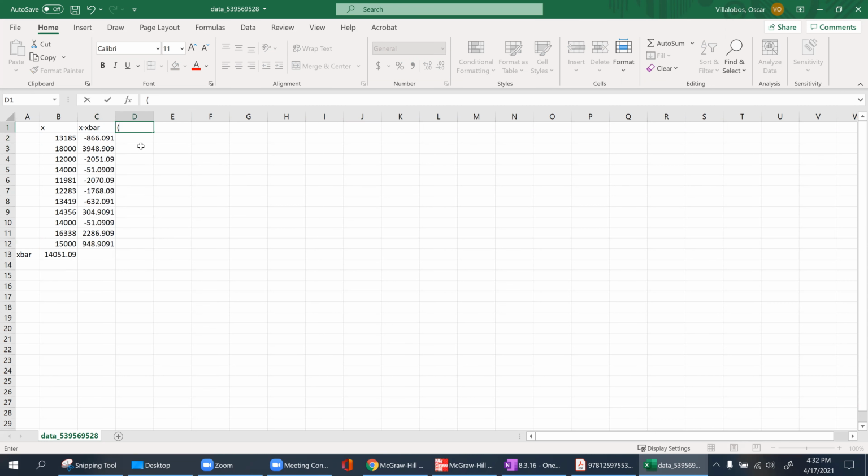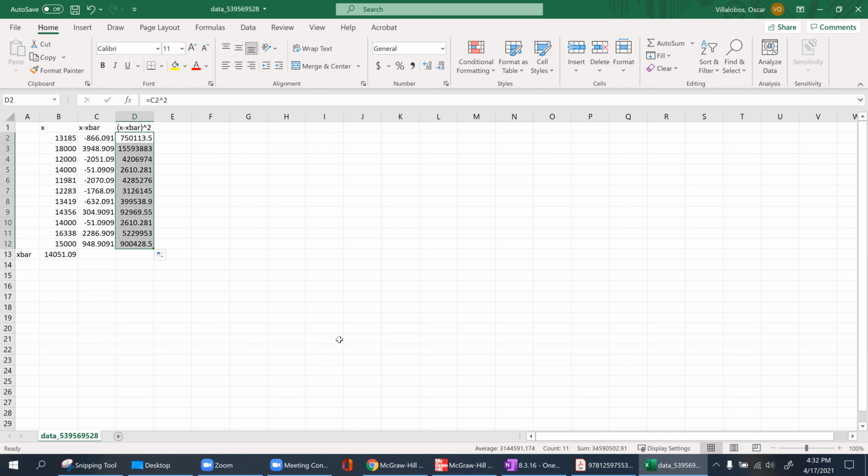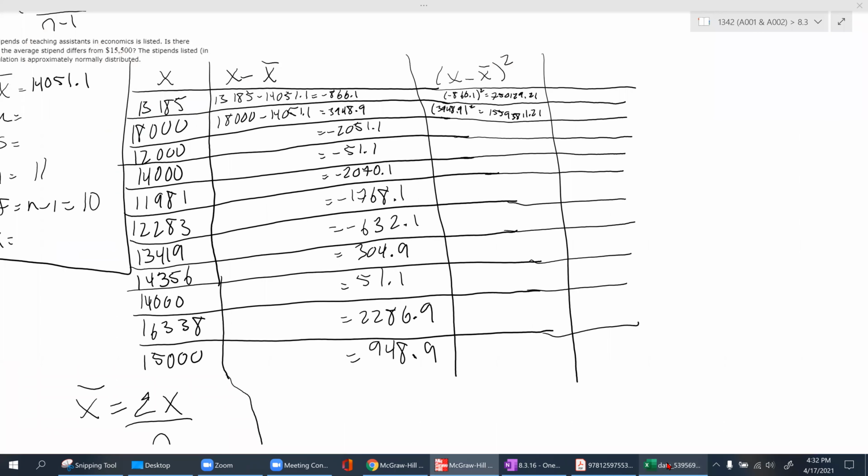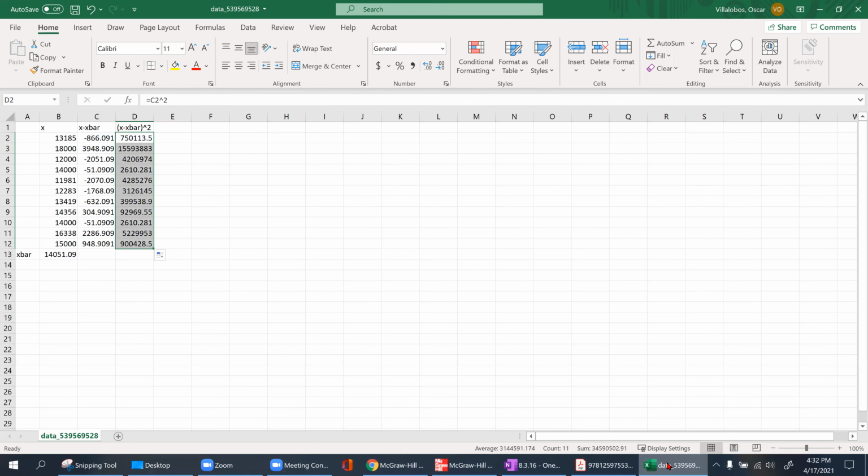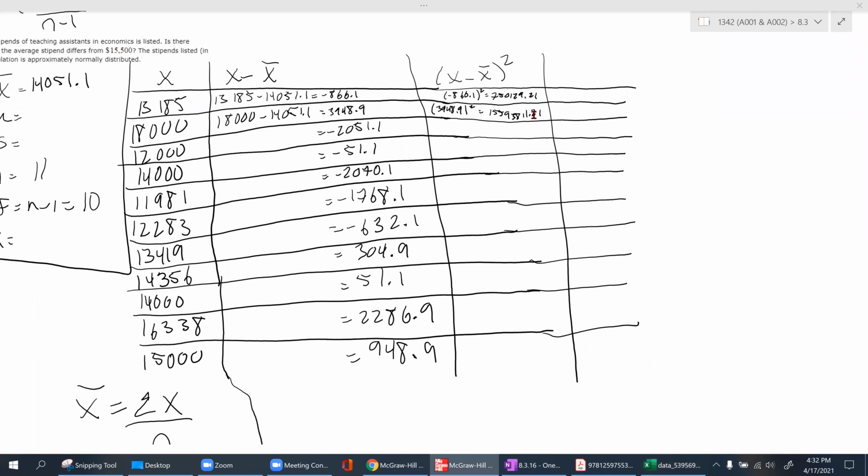Then I'm going to do x minus x bar squared, meaning I get this value and square it, all the way down. And if you noticed, these are the correct values. That's what I had here.